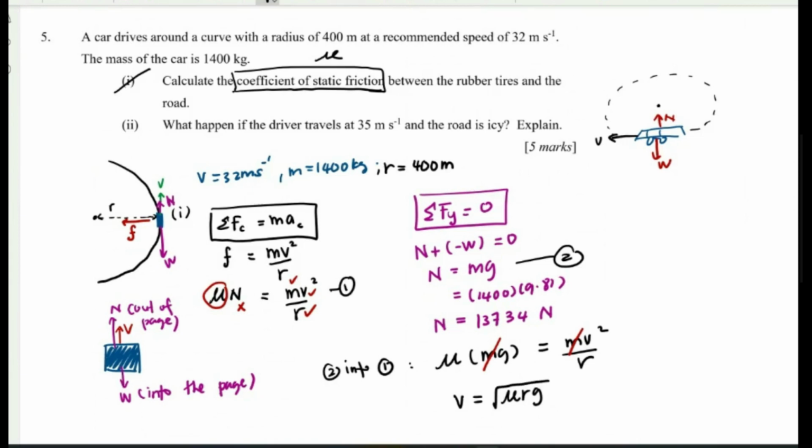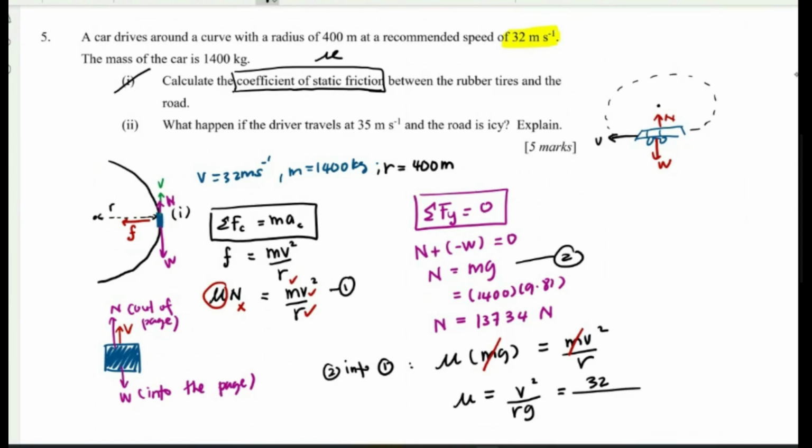Okay, masukkan dalam equation. Dia nak suruh kira mu. Mu is equal to v squared over rg. So V dia bagi tadi 32. Awak check soalan, kadang-kadang 32 meter per second tu dia bagi dalam sentimeter per second. So awak kena tukar kepada meter per second.